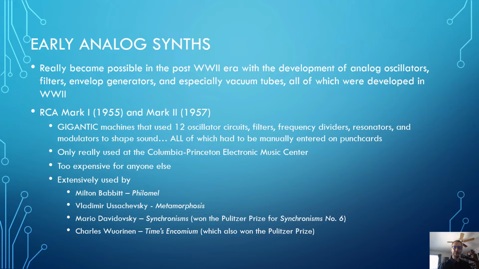That said, it was used in some very, very important pieces. Philomel by Milton Babbitt, Metamorphosis by Vladimir Ussachevsky, Synchronisms, including Number 6 by Mario Davidovsky, which won him the Pulitzer Prize, and Time's Encomium by Charles Wuorinen, which also won the Pulitzer Prize for music.